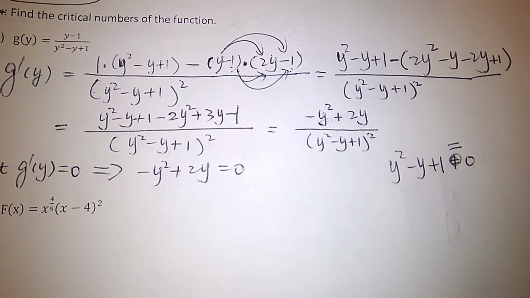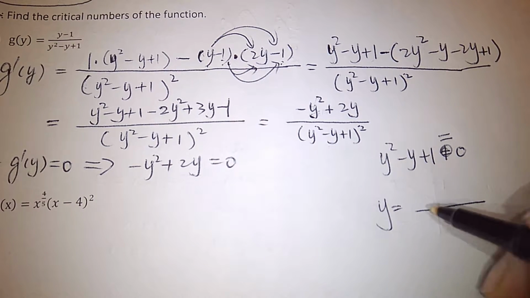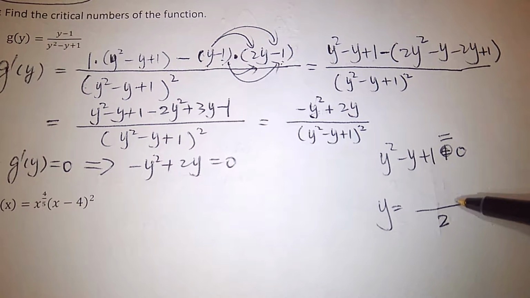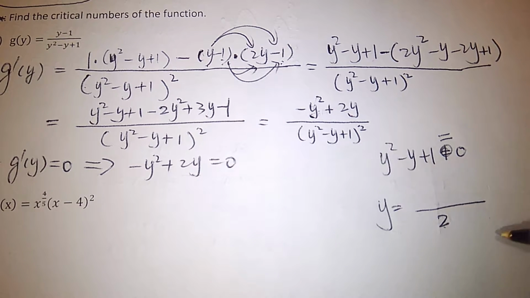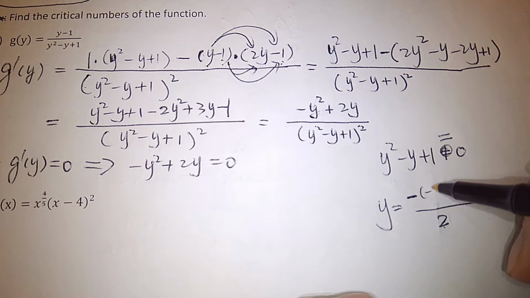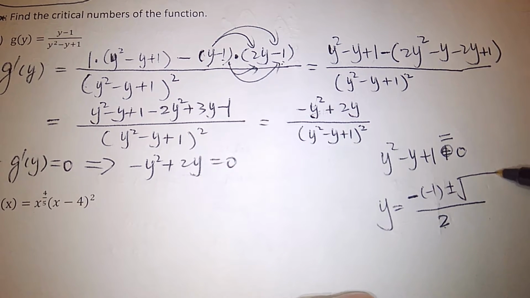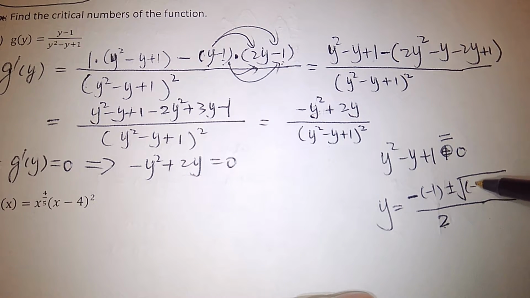Let's solve for it. Do you still remember the quadratic formula? y equals negative b plus or minus the square root of what? b squared minus 4 times a times c, all over 2 times a.